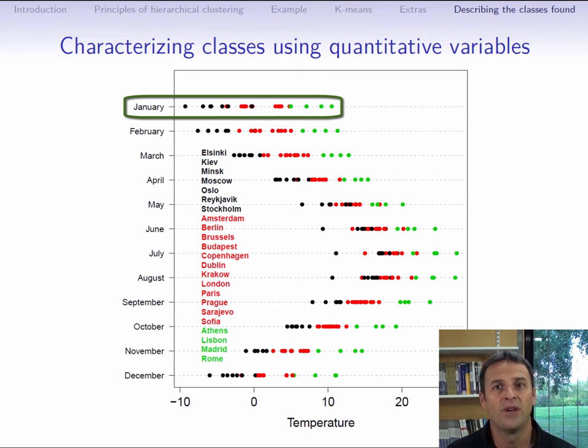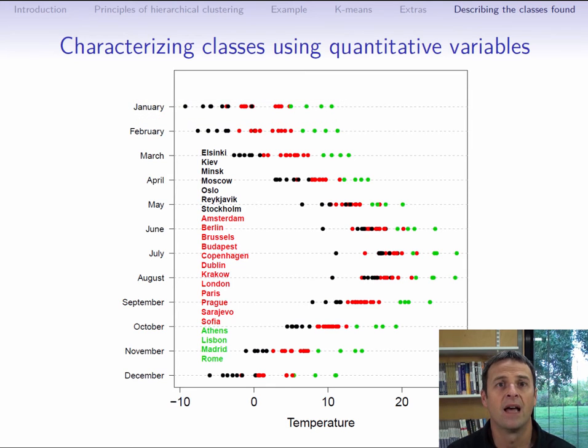Similarly, we have the impression that the green cities take larger values than the others. Obviously, it's too much work to go through each variable and each class one by one with a plot like this. What we really need is an automated procedure.